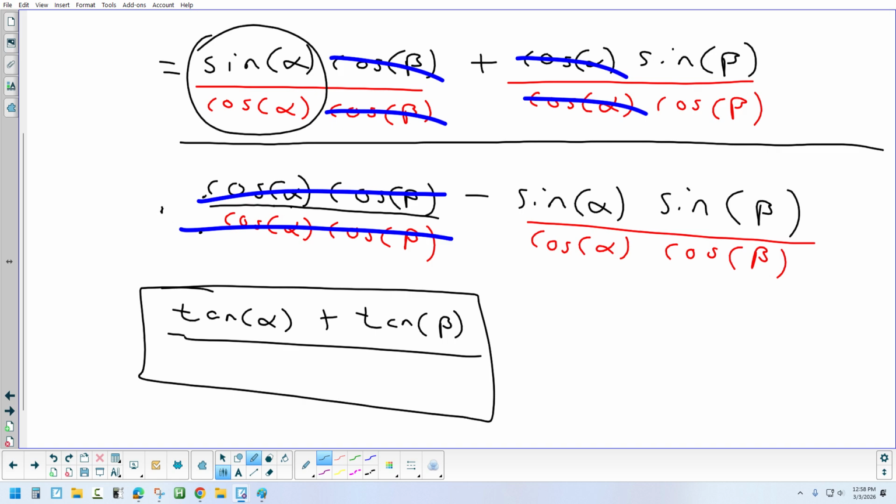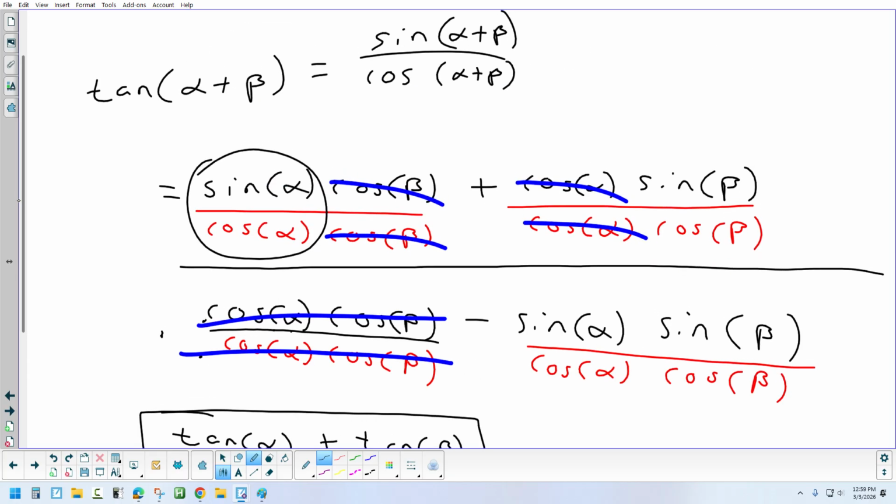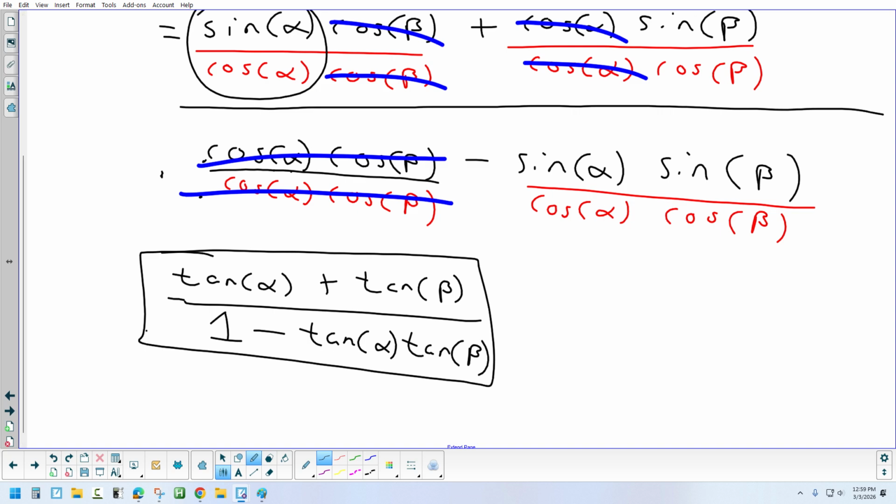Yep, 1. Minus. And what's going to happen with that last part? It's kind of what we just saw in the other two parts. Yep, tan alpha times tan beta. And that's the formula for the tangent of a sum. So it's the sum of the tangents over 1 minus the product of the tangents.